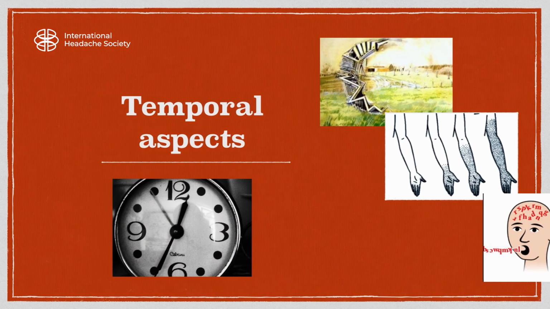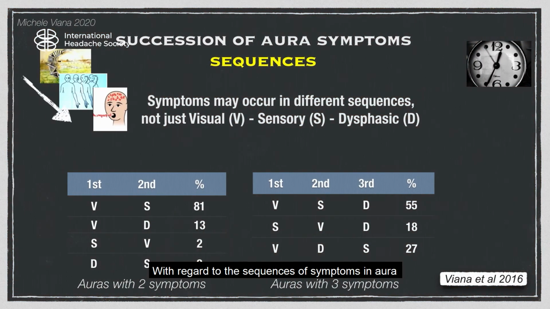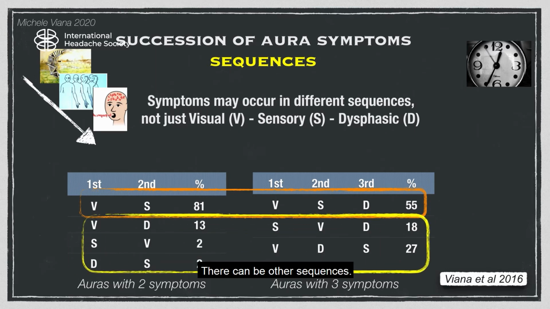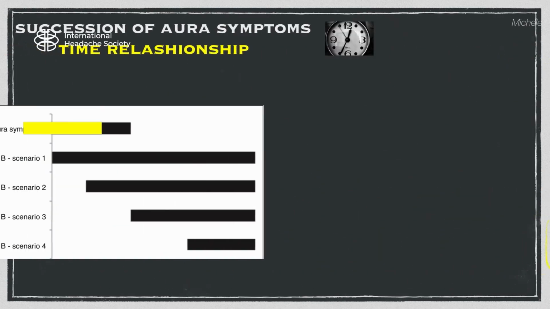Temporal aspects. With regard to the sequence of symptoms in auras with multiple disturbances, please note that visual, sensory, and dysphasic is the most common succession, but is not the rule. There can be other sequences.